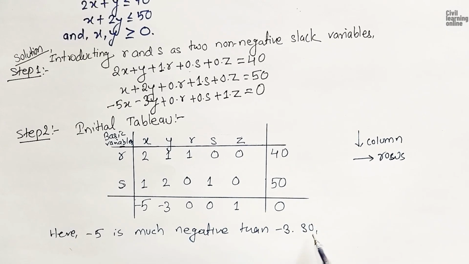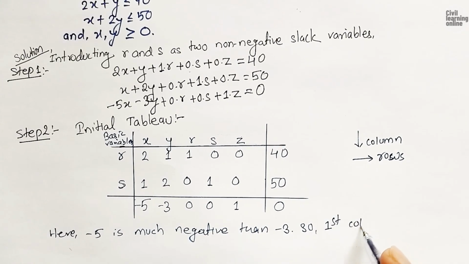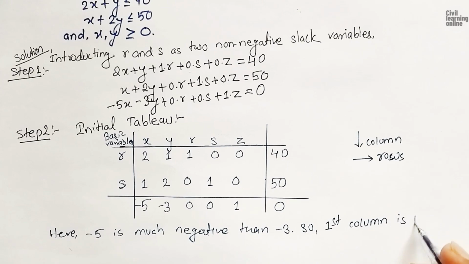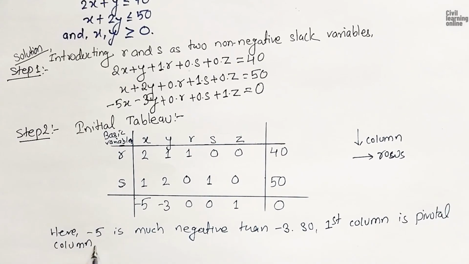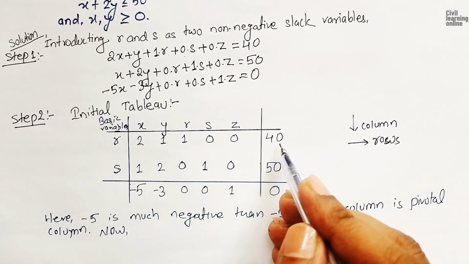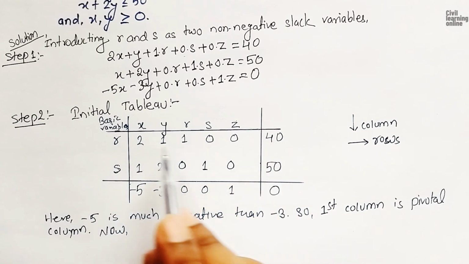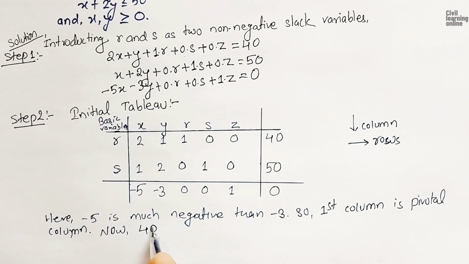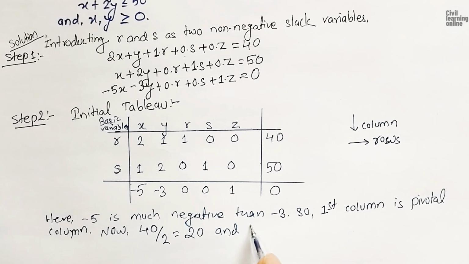Now our first column is the pivotal column. Now divide the right-hand elements by the elements of the pivotal column. So divide 40 by 2. Now we have 40 by 2 equals to 20, and 50 by 1 equals to 50.